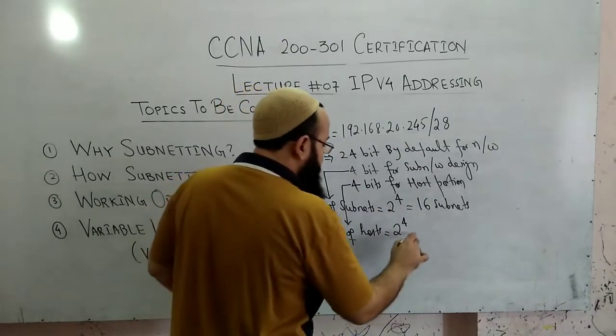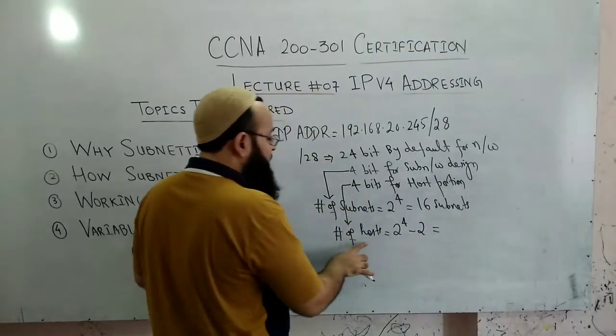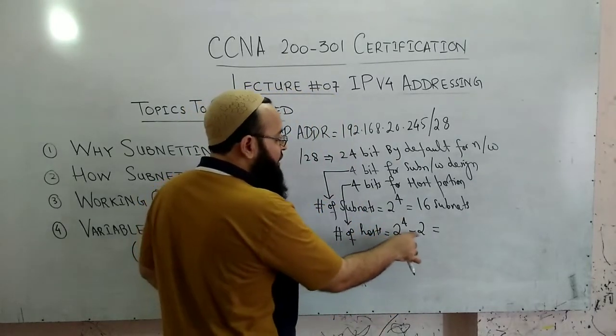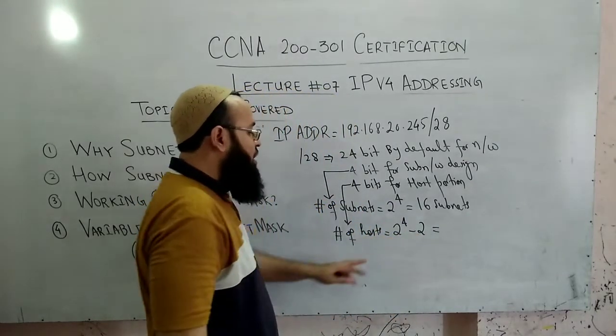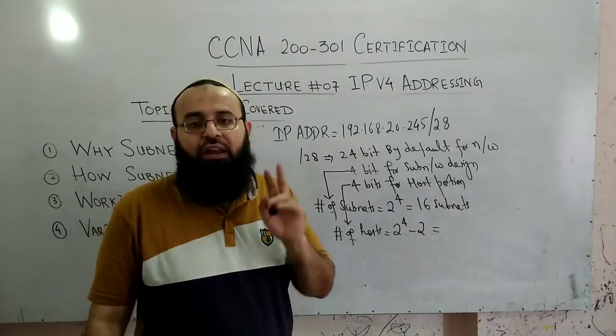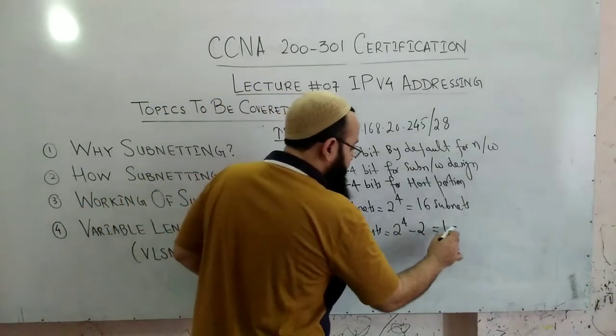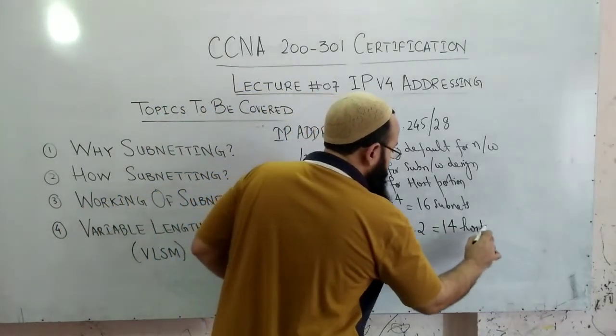As I told you earlier, we always have to minus 2 from the total number of host IDs, because these 2 are for the network address and the broadcast address. These 2 addresses are not involved in finding the number of hosts. So this becomes equal to 14 hosts.